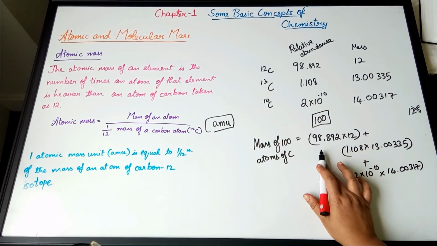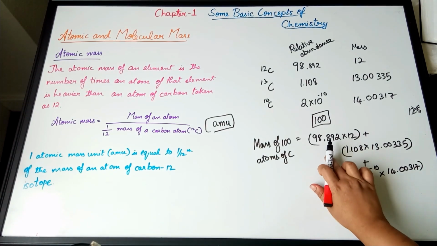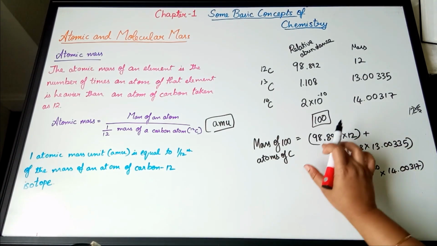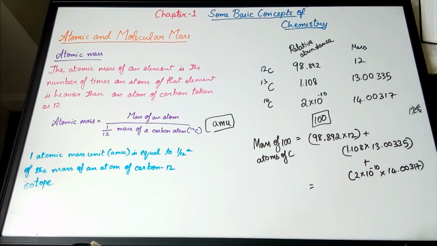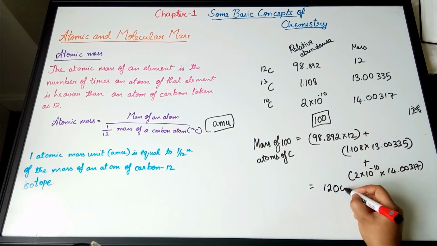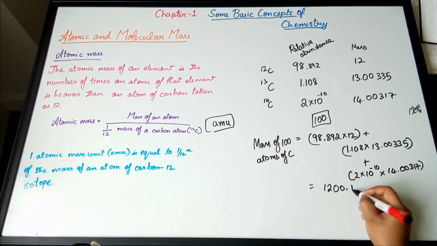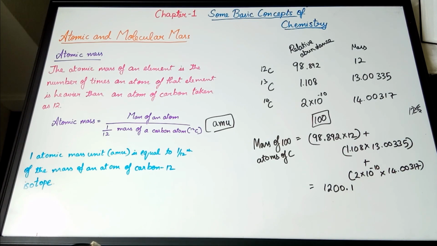All we're doing here is multiplying the relative abundance into the mass. After simplification, we will get 1200.1, and this will be in atomic mass units, u.